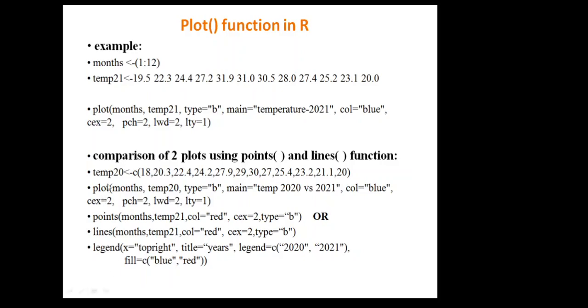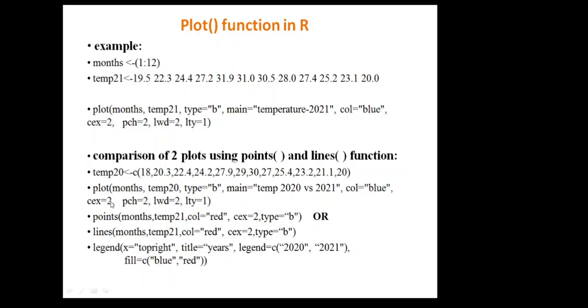So here I have taken another vector, that is temp 20, and this vector is used to store average temperatures of all the 12 months in year 2020. Okay, so this is my vector temp 20 containing 12 values of average temperatures.